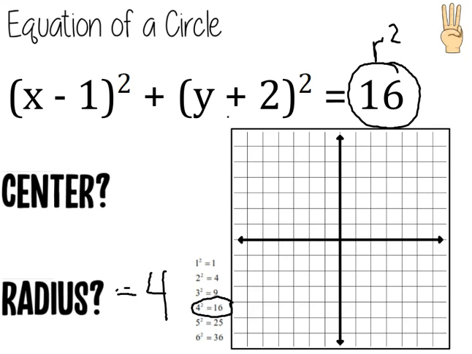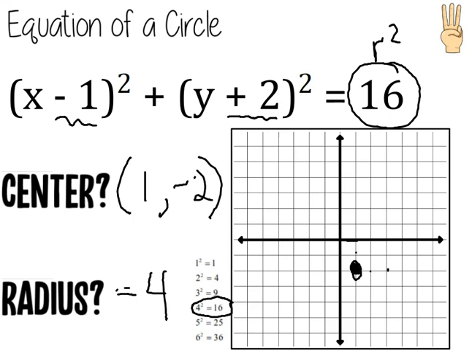Let's find the center of it. With my x term, I see -1, so I'll have to use a +1. And with my y term, I see a +2, so I must be needing a -2. So my center is going to be at (1, -2), that's right here, and a radius of 4.